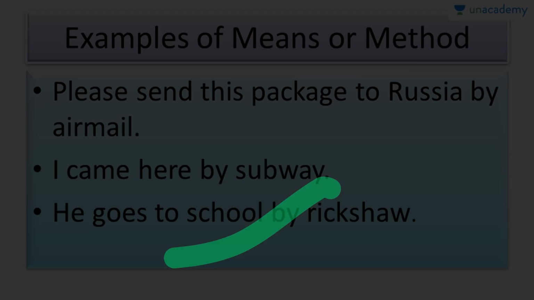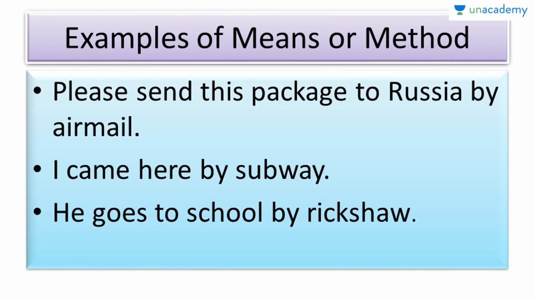So let's move on. Example of means or method. Please send this package to Russia by airmail. So the means that is going to be used is airmail. Thus the purpose of "by" here is to mention the means by which the letter is going to reach Russia.